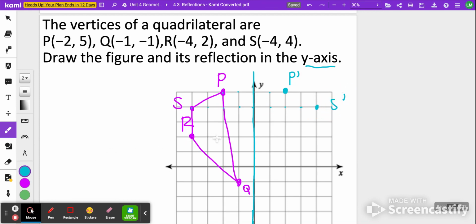R is 1, 2, 3, 4 points away as well. Notice how it's still right under the letter S. And Q is only 1 step away from the y-axis, so it's 1 step away on the other side. As I connect my points, I should be able to see that my new image is a reflection of the old one.